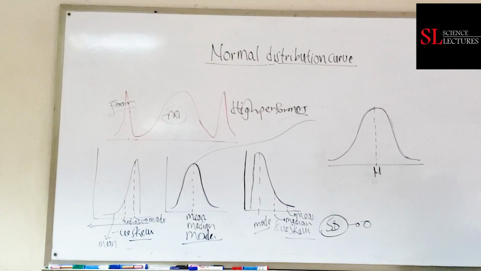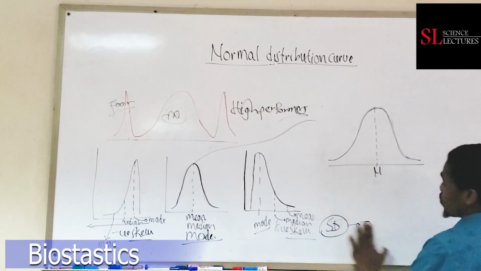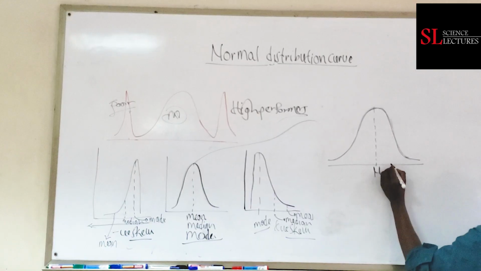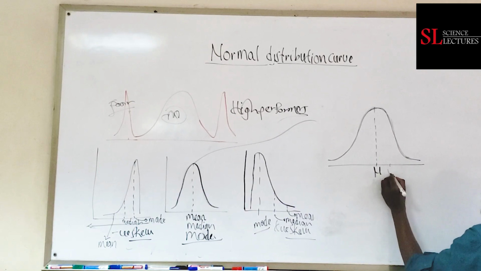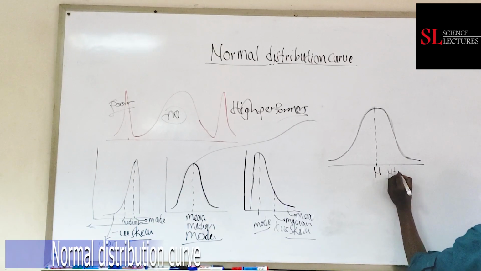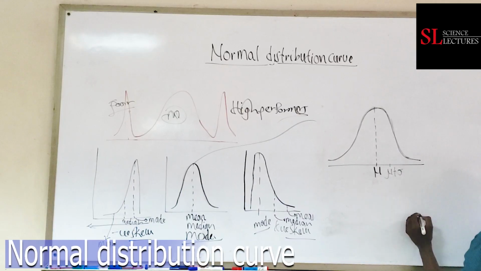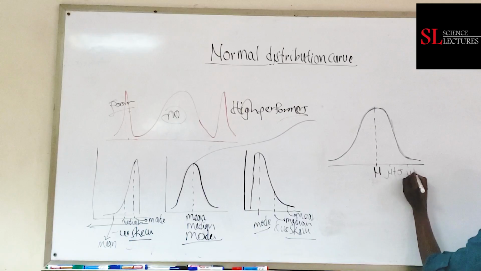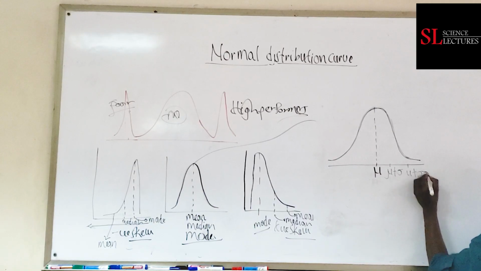So the more we spread from the mean, we have mu plus 1 standard deviation from the mean. Then as we extend, we'll have mu plus 2 standard deviations from the mean.